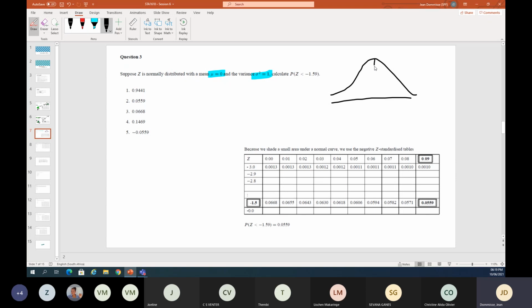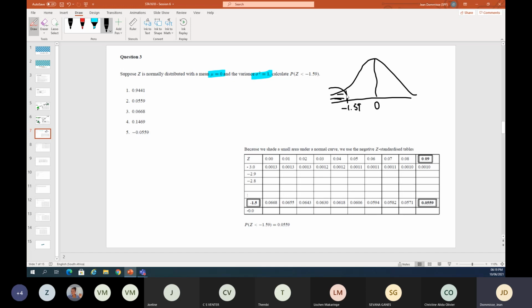basically you have your table. I always draw the 0 in so that I know where it's 0.5 and 0.5. So I need to look for minus 1,59. And they ask us smaller than minus 1,59. So we want that area.